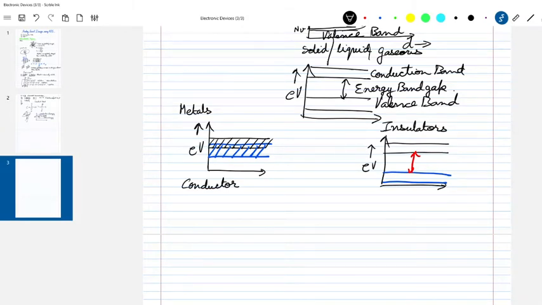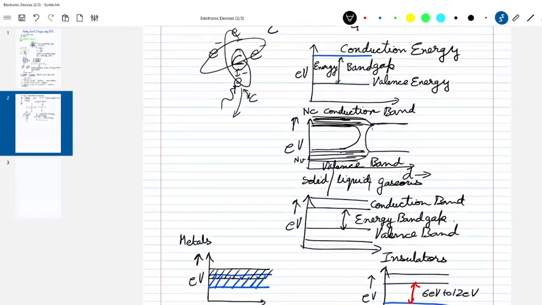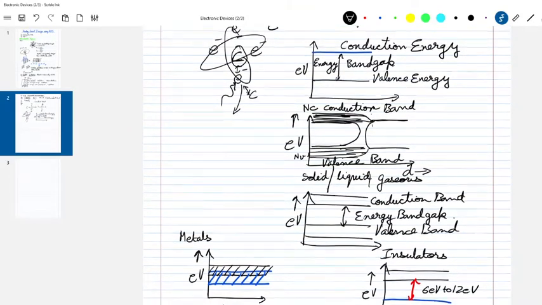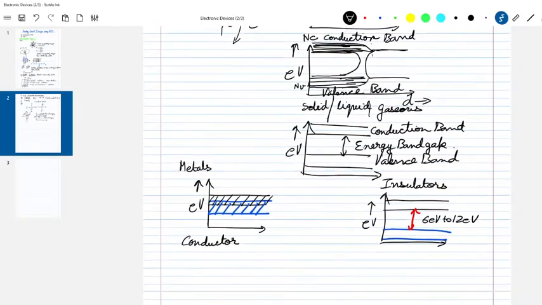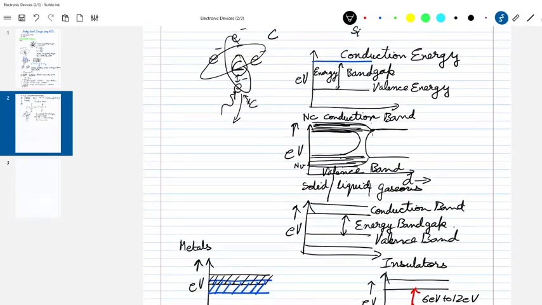Now this band gap in case of insulators is of the order of 6 to 12 electron volts. Now if I was to apply energy to the electron which is bonded strongly to this nucleus, I have to apply more energy, and if I keep increasing the energy, at some point this electron will break free from the hold of the nucleus.